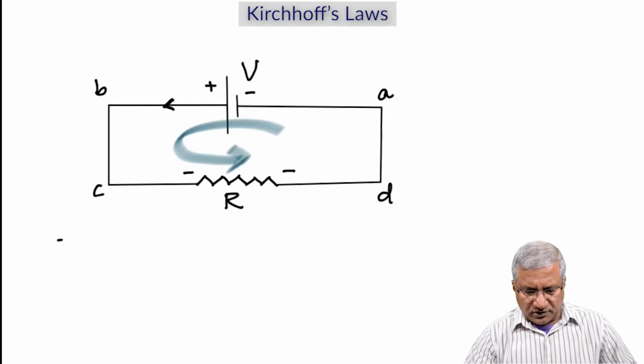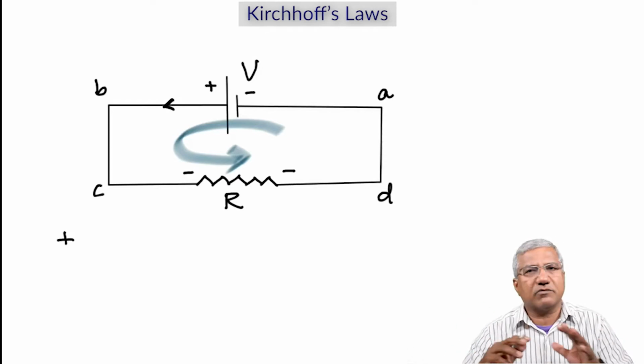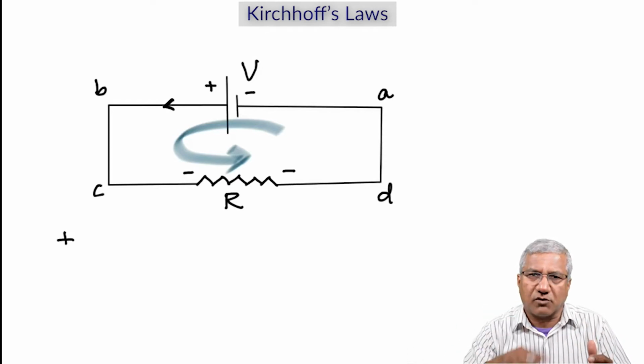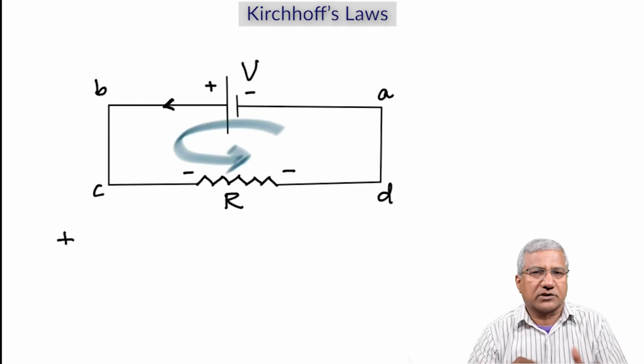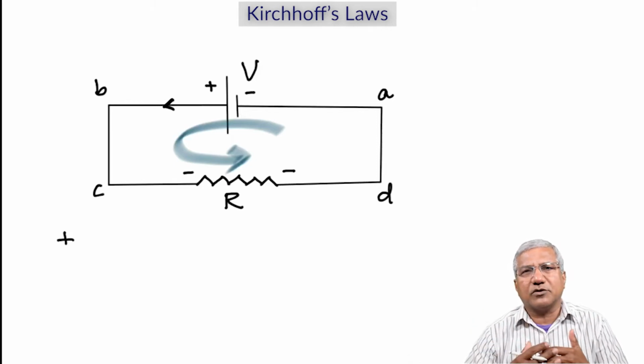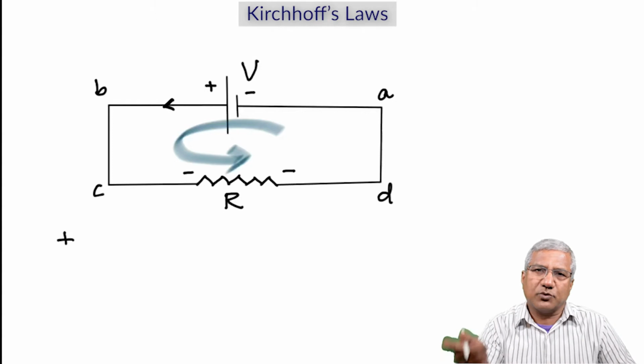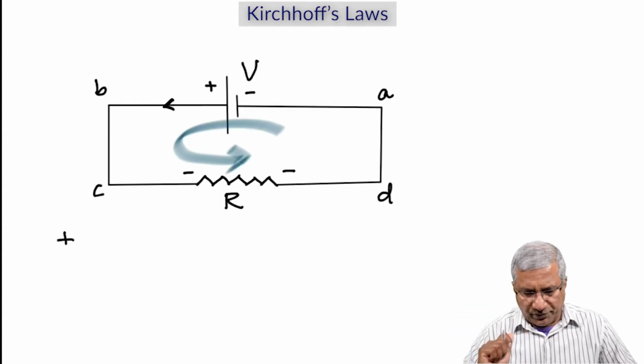And we're going to consider the loop in the counterclockwise direction. We can go about it either in the counterclockwise or clockwise, but I always make it a point to go counterclockwise.